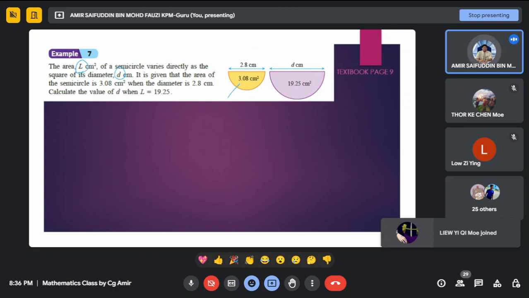Then the second situation: calculate the value of D. The question asks us to find the value for D, diameter, when L, the area, is 19.25 cm square.